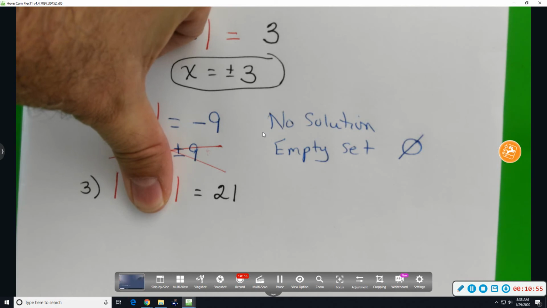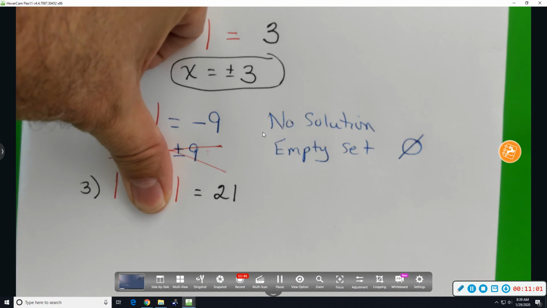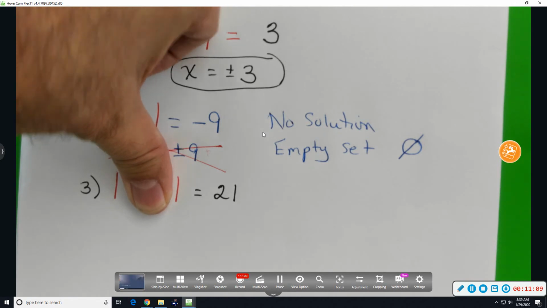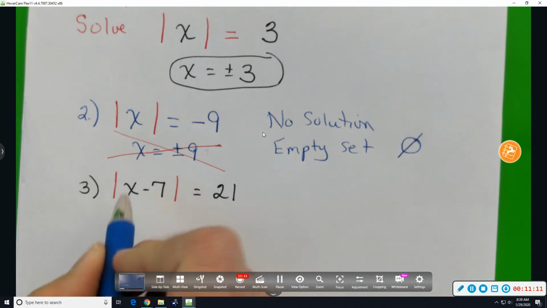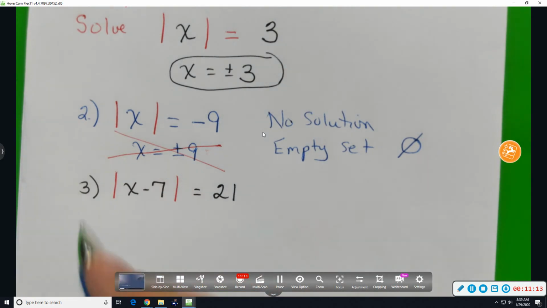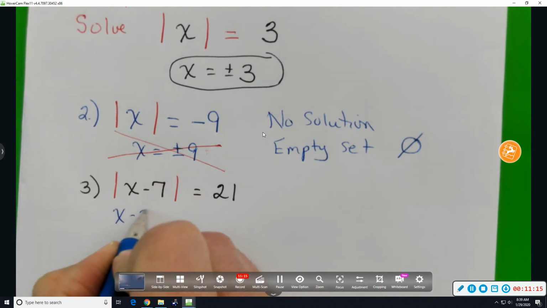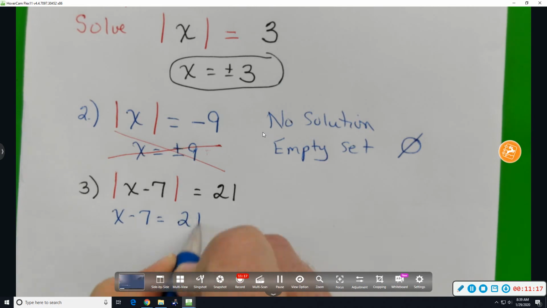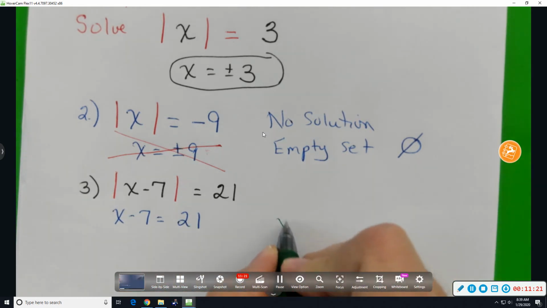Forget the x minus 7. What are the only two numbers that can be in those red absolute value bars to have absolute value equal 21? 21 or negative 21. So take what's inside here and set it equal to positive 21 and set it equal to negative 21. You're going to get two answers here.